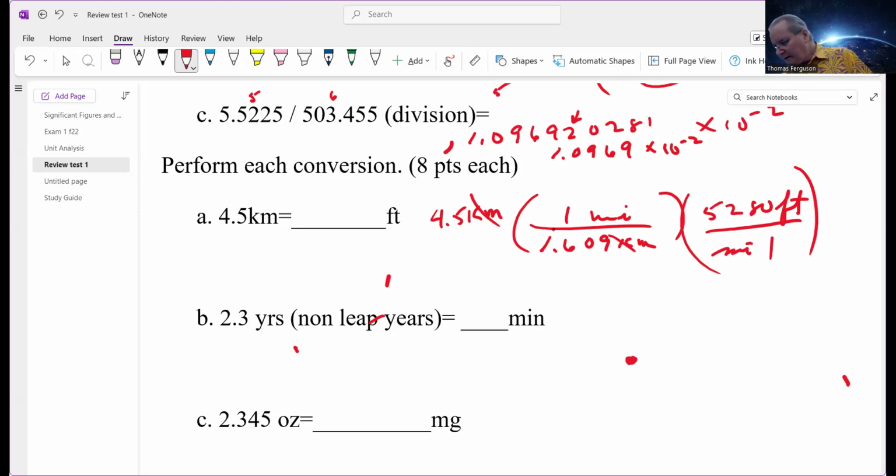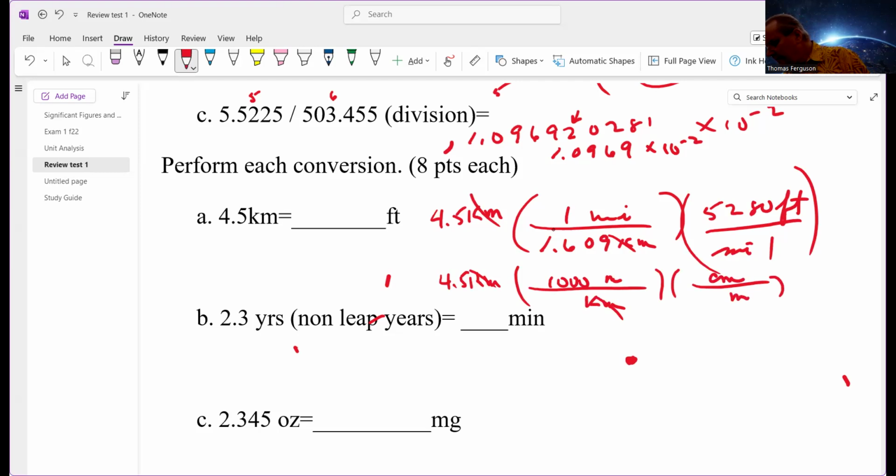The other way would be going from kilometers to meters, meters to centimeters, centimeters to inches. His had one less step than mine. Same process though, unit cancellation.